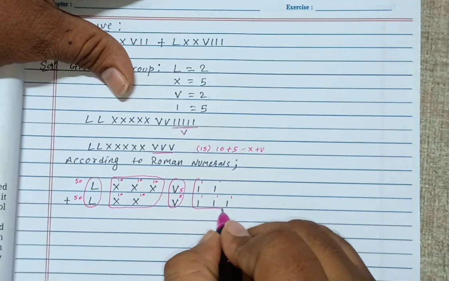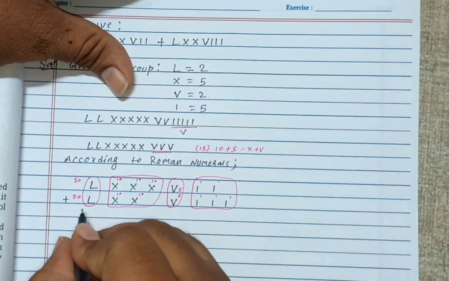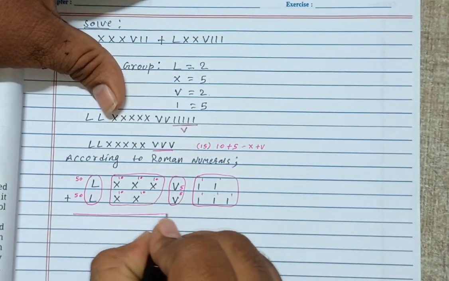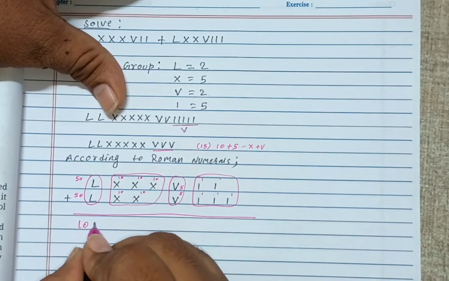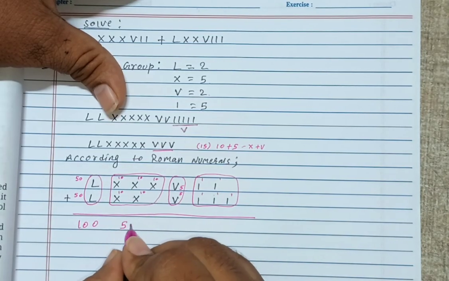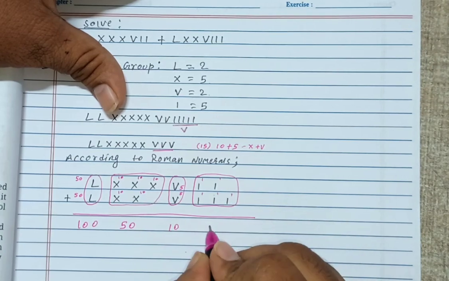So here, see what a beautiful pattern they made, right? And next, here 50 plus 50 is nothing but 100. And here 10 plus 10, 5 times, becomes 50. And here 5 plus 5, 10. Again here 5.